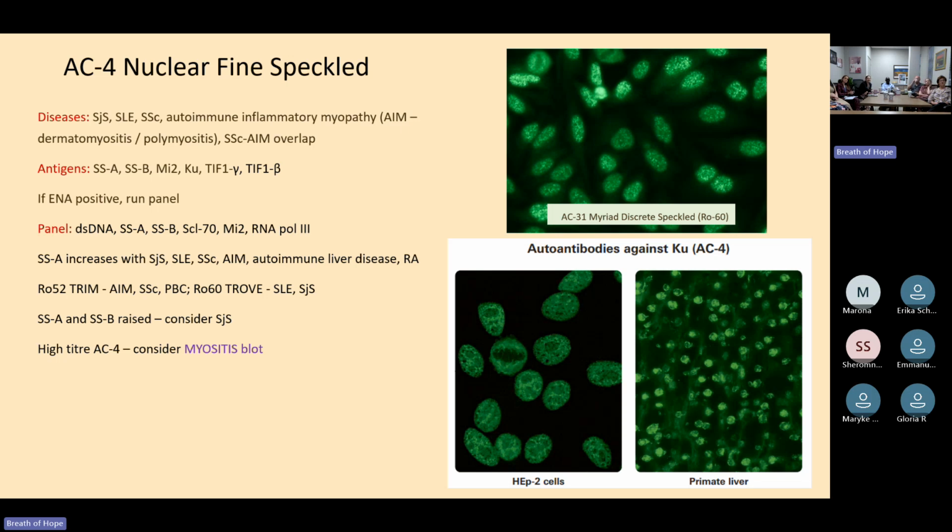The antibodies that we detect with this are SSA, SSB, and Mi-2. Remember, Mi-2 is a marker for dermatomyositis. And then there's Ku, TIF1 gamma, and TIF1 beta. So these last three are not included in the ENA screen. So you'll see the pattern, but when you do your ENA, it's not positive. That means in that case, you will have to go on to do a myositis blot in order to detect those.